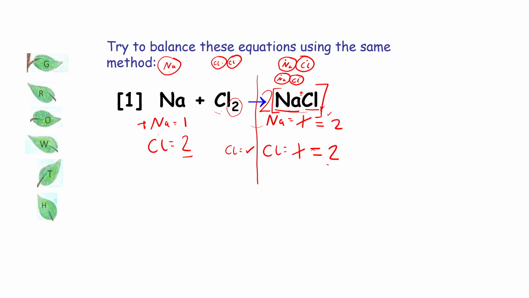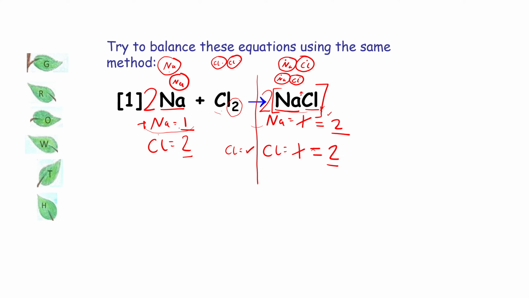I've got 2 sodiums on the right-hand side. I've got 1 sodium on the left-hand side. So what am I going to do? I need to find a way to get more sodiums on the left-hand side. So I'll find my sodium and I'm going to put a big 2 in front of it. So let me draw. Now that I've got a big 2 in front of my sodium, that means I've got an extra sodium atom. So now let's count them up again.